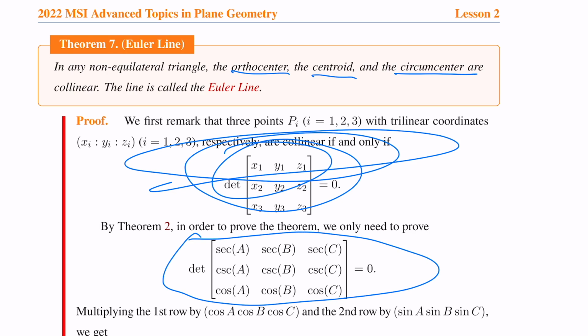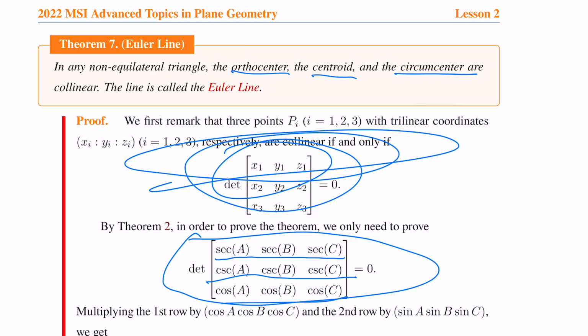The first row is the trilinear coordinate for the orthocenter, secant A, secant B, secant C. The second one, cosecant A, cosecant B, cosecant C, is the centroid coordinates, and the circumcenter would be the last one.